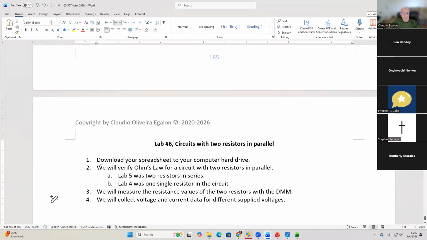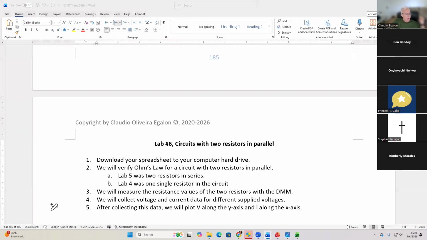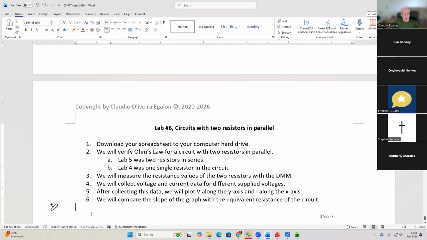Then we will collect the voltage and current data for different supplied voltages. After doing that, we will plot V along the y-axis and I along the x-axis. We'll compare the slope of the graph with the equivalent resistance of the circuit. Okay.